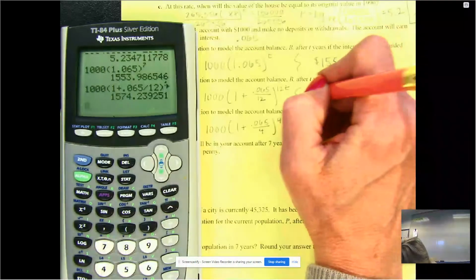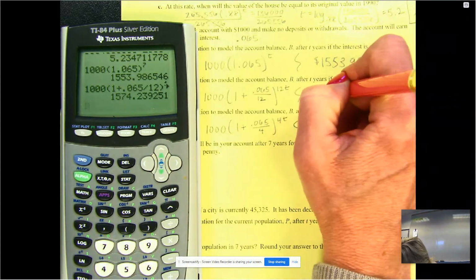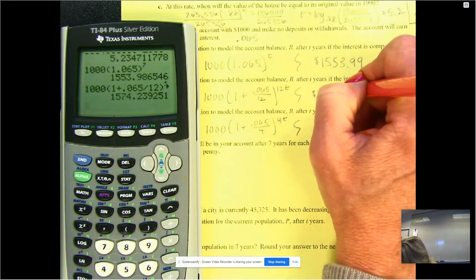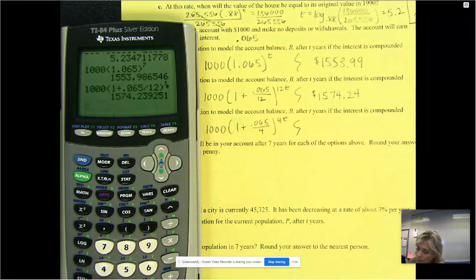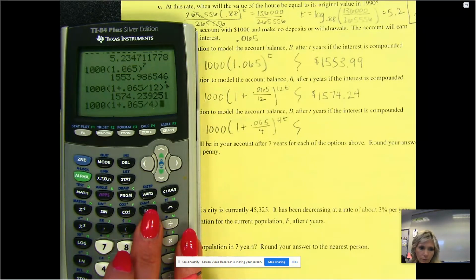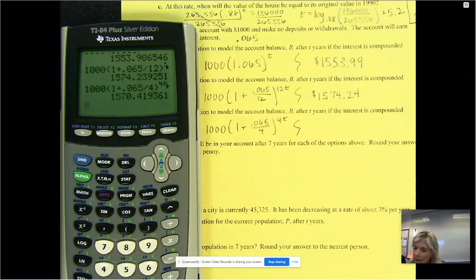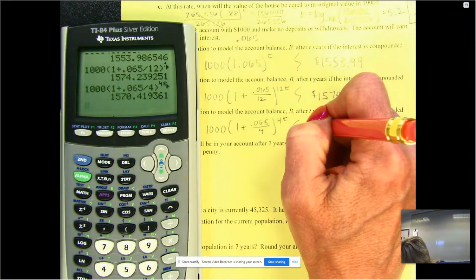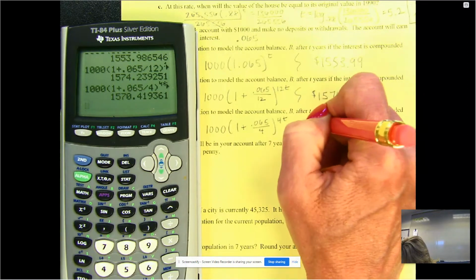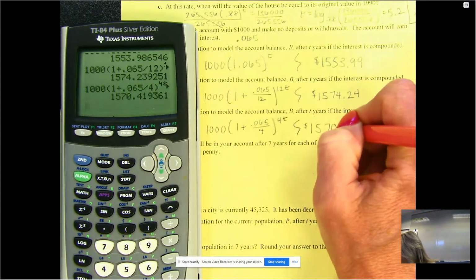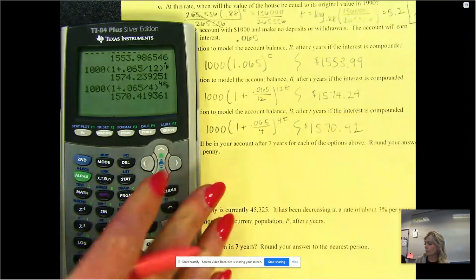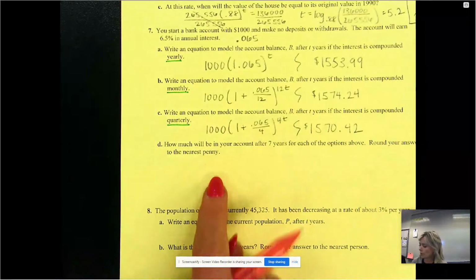Okay, a little bit more money. This is $1,574.24. And then the last one, 1,000 times 1 plus 0.065 divided by 4. And then to the 4 times 7. 1,570 and 42 cents. Okay, so these answers are for part D.